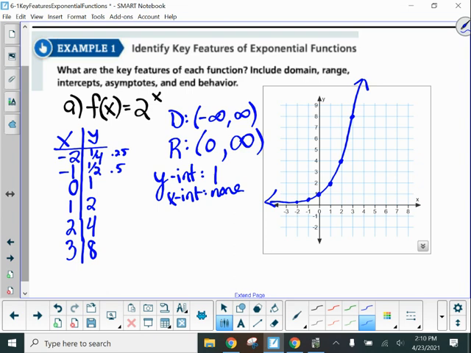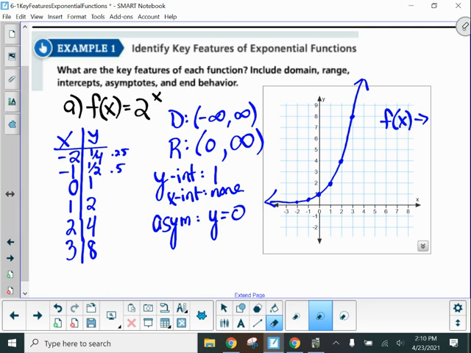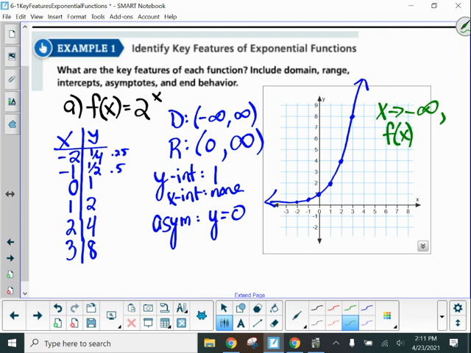It does have an asymptote of y equals 0. That's the x-axis, which we approach but never cross. And then we have end behavior. As x is moving to the left, so as x approaches -infinity, f of x is approaching 0.